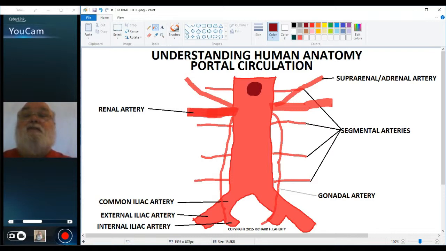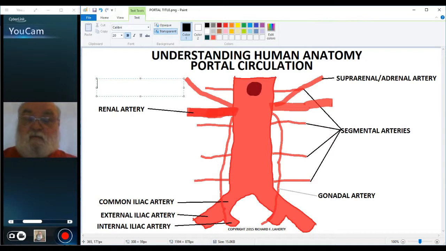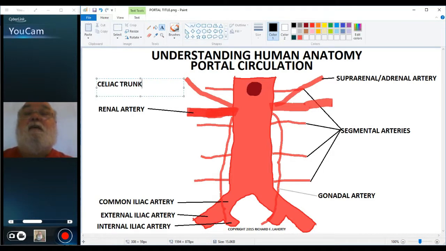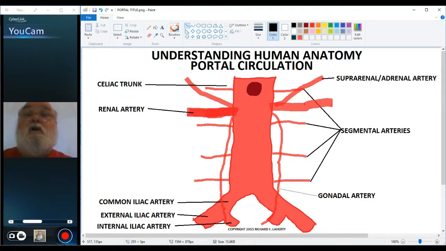It projects anteriorly. So this is the celiac trunk. And remember that the term trunk refers to arteries that are relatively short and then branch immediately.